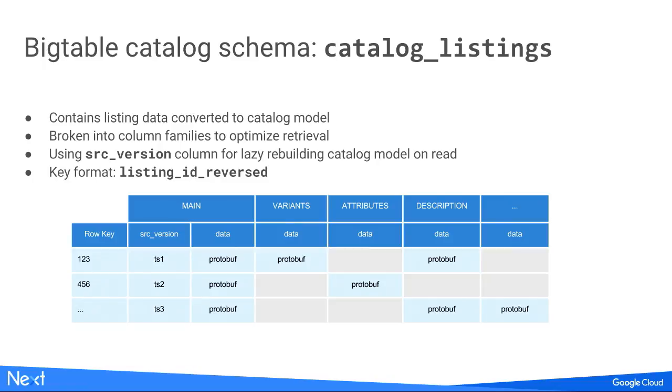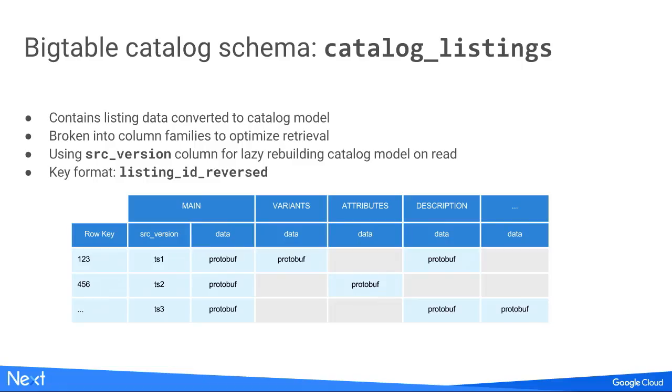So in case you only need to know about variants, you can just scan that column family. Each record contains a single listing, so the keys are lexicographically reversed listing IDs. And we also have this source version column that we use for lazy rebuilding of the catalog model.